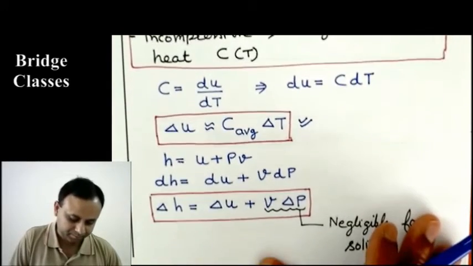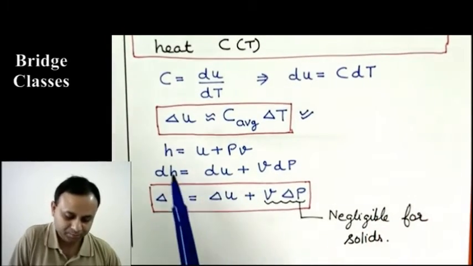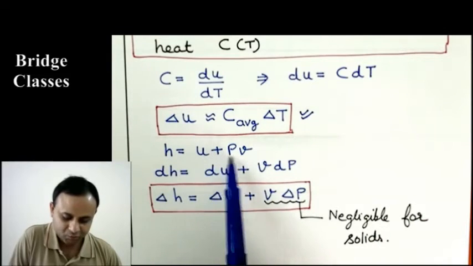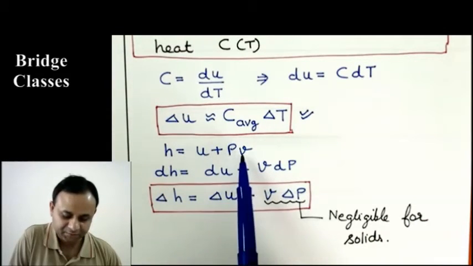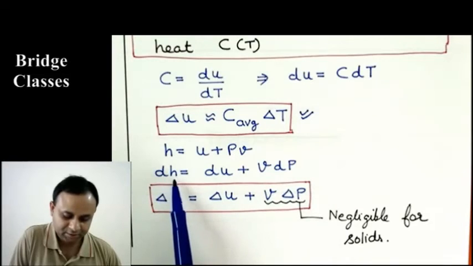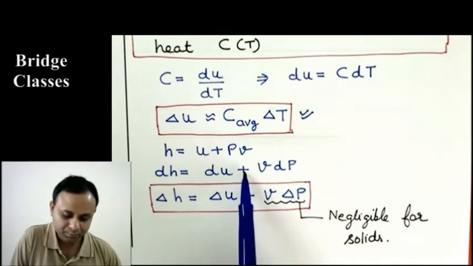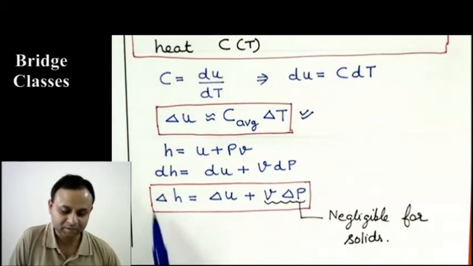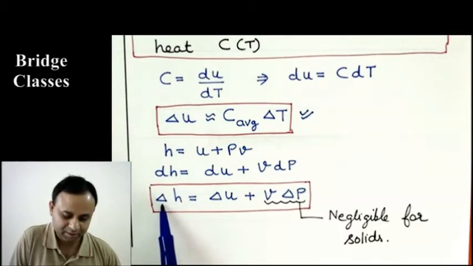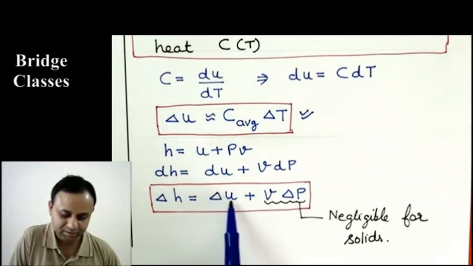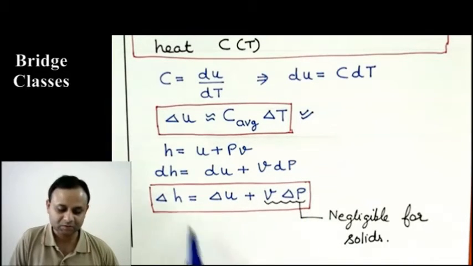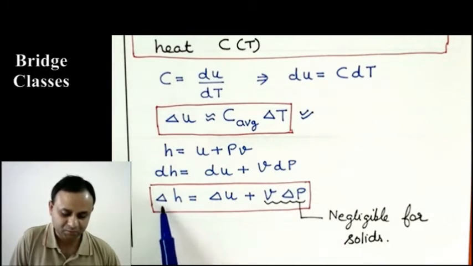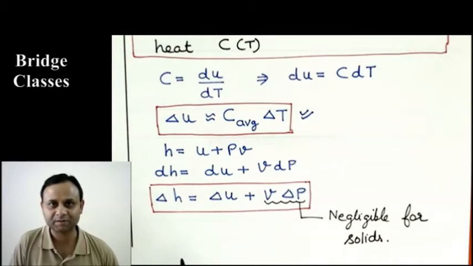And let us look at change in enthalpy now. H by definition is U plus PV. If I differentiate this, you get dH equals dU plus, because V is a constant, V dP. And if we integrate this expression, you get delta H equals delta U plus V delta P, since V is a constant. So we can use this expression for change in enthalpy of an incompressible substance.